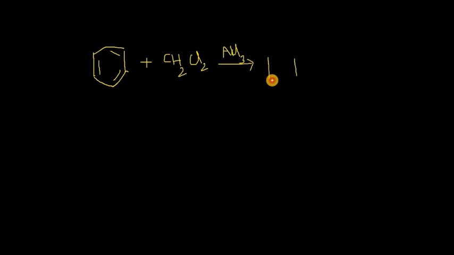Now the CH2Cl2 will become CH2Cl, and once this double bond on the benzene nucleus comes outside, immediately this will attack, and after that we will get the product as CH2Cl linked with this benzene nucleus.